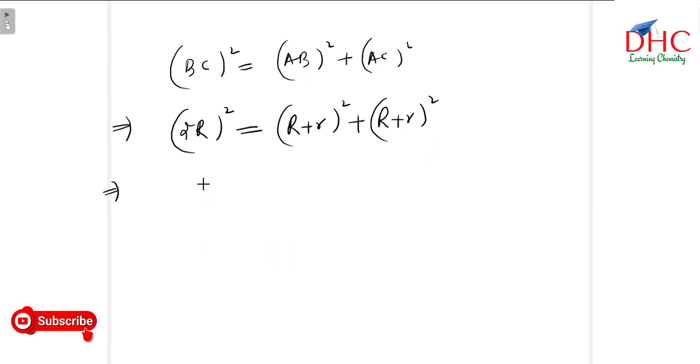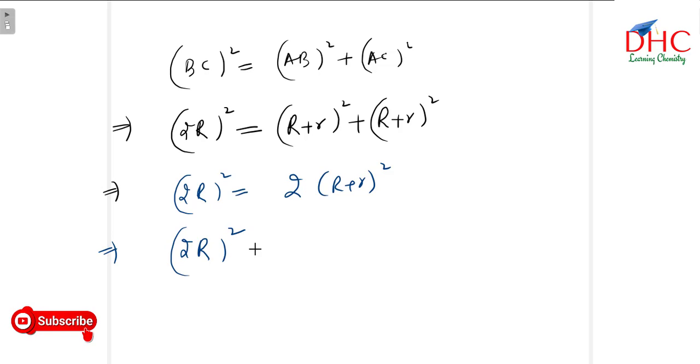Now you can easily find that (2R) whole square will be equal to, यहाँ पे ये 2 times आएगा (R plus r) whole square. Now we can write (2R) whole square will be equal to, ये जो 2 है हम इसको √2 लिखेंगे, तो ये (R plus r) जो है अब स्क्वायर दोनों को आएगा.